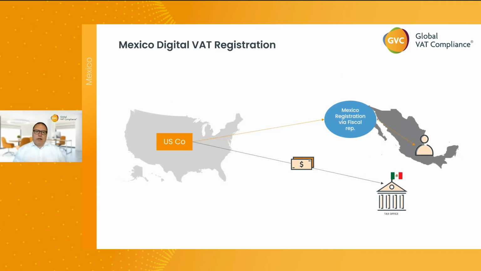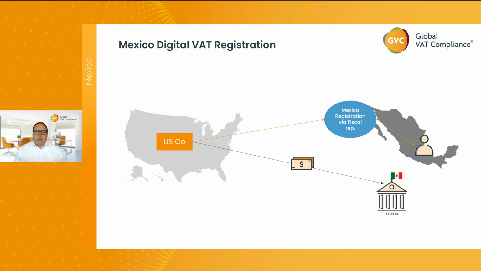That is quite different in a country like Mexico, for example. Mexico has a registration. It is simplified because normally it's not that easy to be VAT registered as a non-resident. But in Mexico, for digital services, you get registered as a non-resident, but you have to use a fiscal rep. And that is not for nothing, because the registration really is done by the local agent visiting the tax authorities, waiting long because the tax authorities are obviously also working from home.